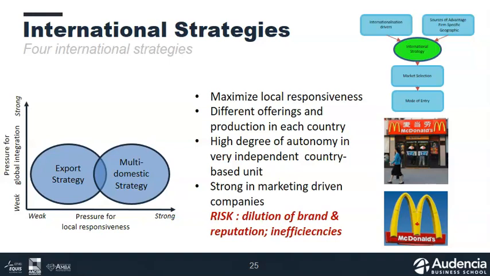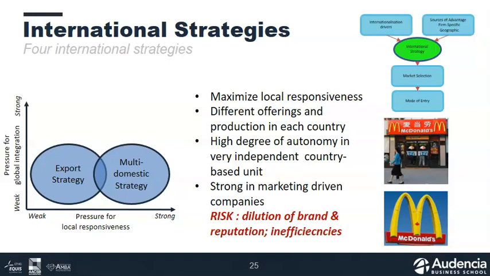So the risk, obviously, here is going to be dilution of brand and reputation and inefficiencies. My brand, what does it really mean? What does the McDonald's brand mean in Japan? And does it mean the same thing in Canada? And does it mean the same thing in Germany? Because I'm adapting my product to each local market, my brand, McDonald's, doesn't mean the same as I move from one country to the next.